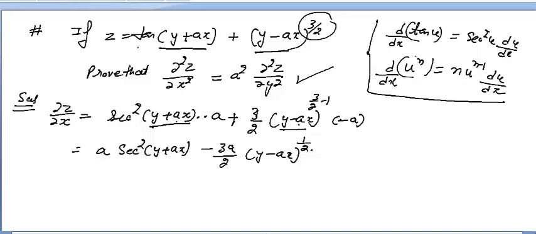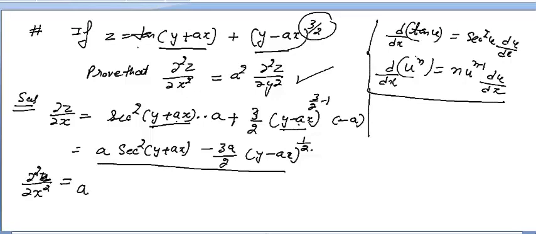Now I am going to find one more derivative of z with respect to x, meaning the double derivative with respect to x. So you will find the derivative of this once again with respect to x. See, a is constant outside. For the derivative of secant square, u raised to power n, where u is secant and n is 2. So 2 is here, secant, means you will write secant of y plus ax whole raised to power 2.